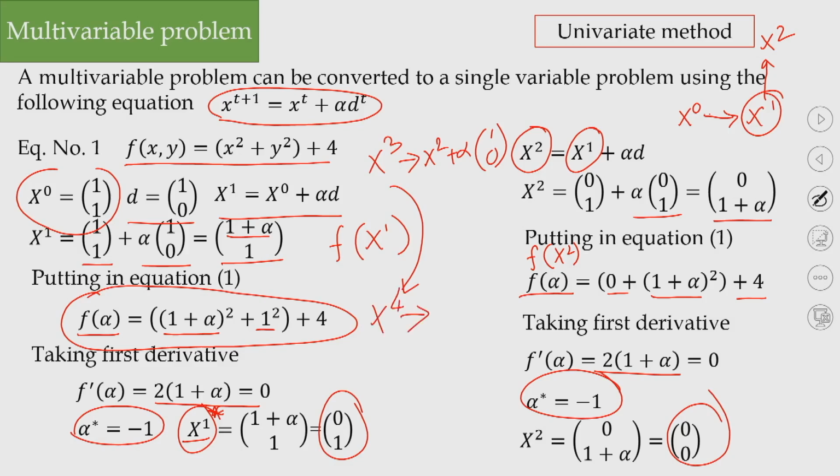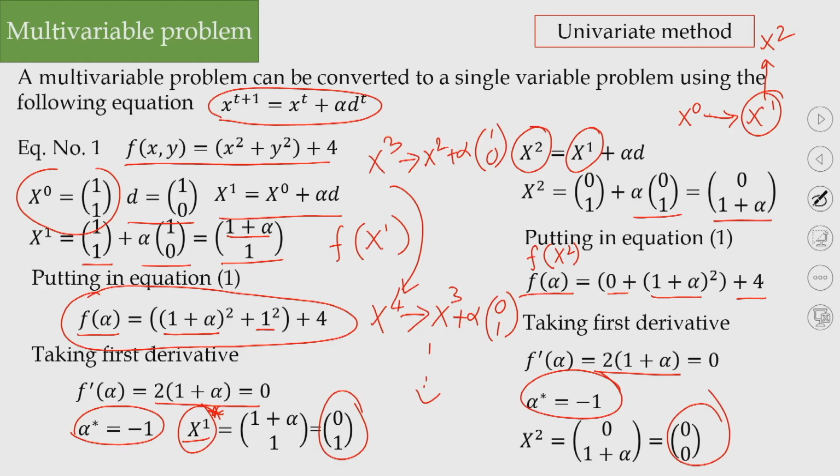If you have not reached the optimal solution yet, you have to repeat this: x 4 will be x 3 plus alpha, and now you go along the y direction. That way I will repeat the iteration. You just see that in every iteration you are solving a single variable optimization problem. That means you are doing a line search along a particular direction, so your problem is a single variable problem.